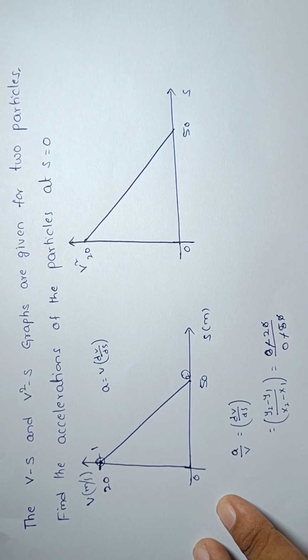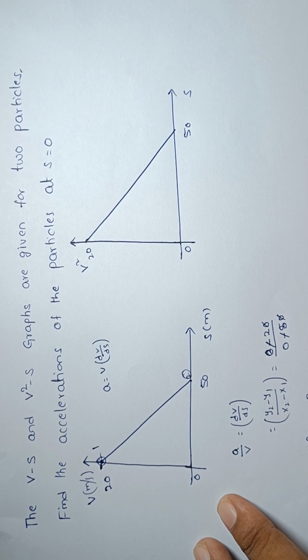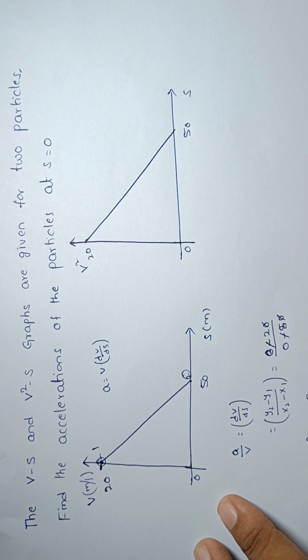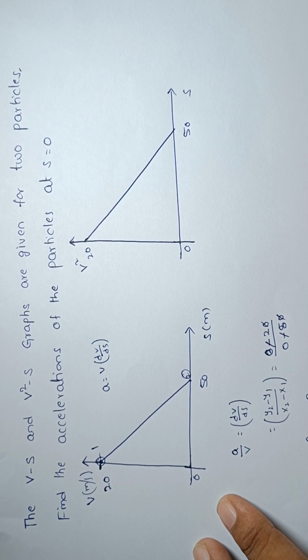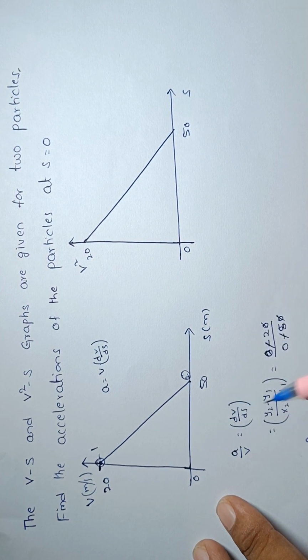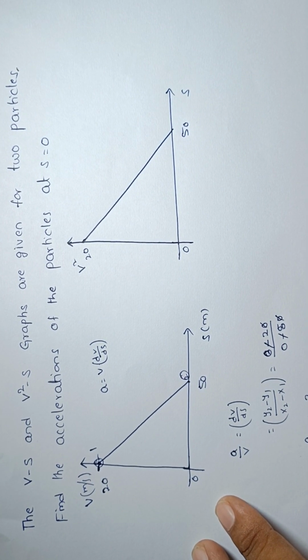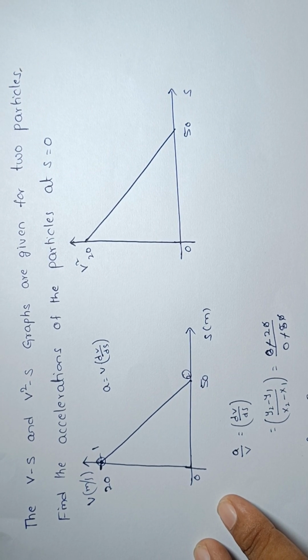So which value is greater, y1 value or y2 value? You have to take it. It is 2 by 5, a by v. And if you want acceleration, v into 2 by 5, right? So what is the v value at s equals 0? We are finding at s equals 0.